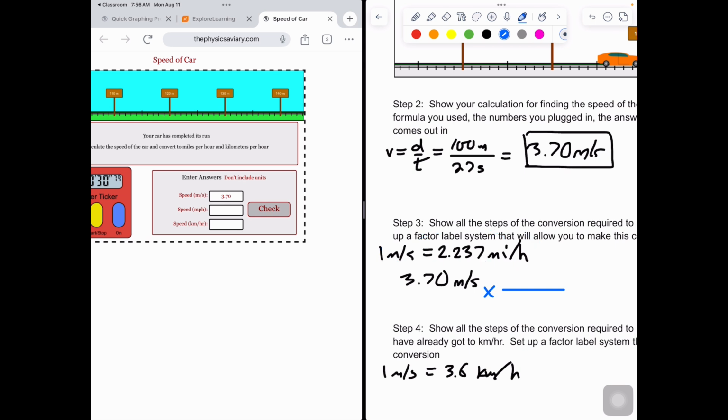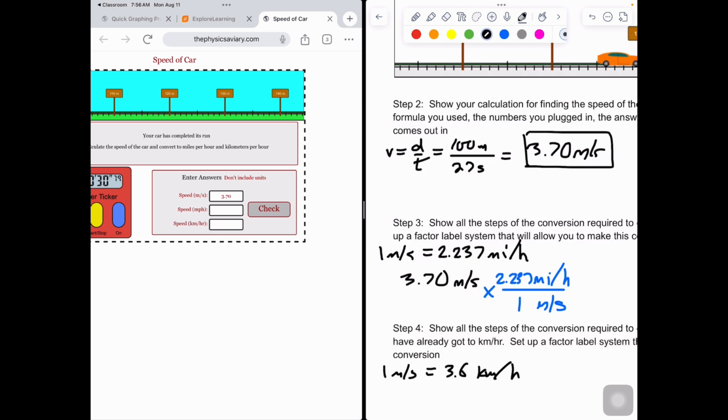Now, you always take the unit you're trying to get rid of and you copy it diagonally down here. So I'm going to copy down meters per second here, and I'm going to miles per hour, so I'll write that up here. Now, the number you see next to meters per second, in this case 1, in the conversion factor, goes next to meters per second. The number you see next to miles per hour, which in this case is 2.237, goes next to miles per hour.